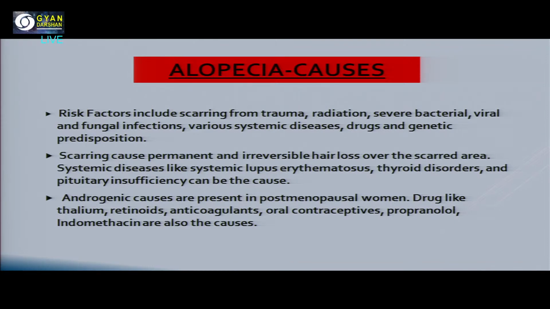Androgenic reasons in postmenopausal women and men can be present with increasing age. Drugs like thallium, retinoids, anticoagulants, oral contraceptives, propranolol, and many other drugs can also lead to this. Even chemotherapy can lead to alopecia. Radiotherapy may also have an impact on your hair.